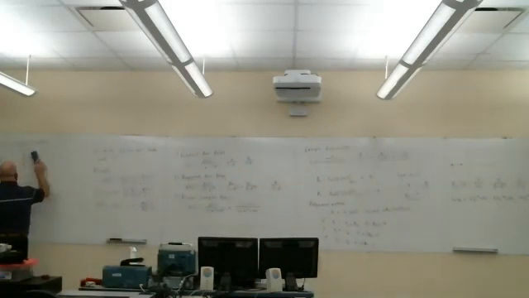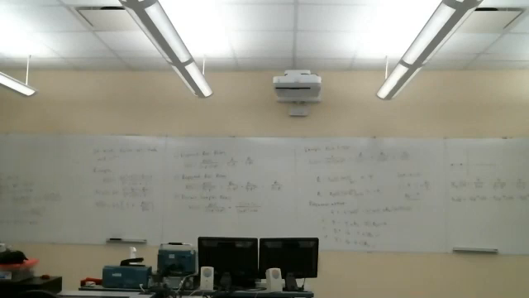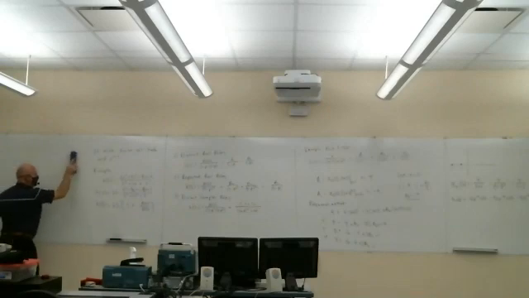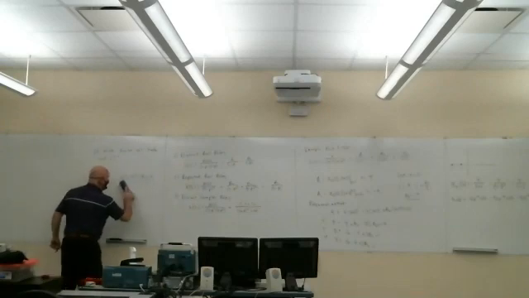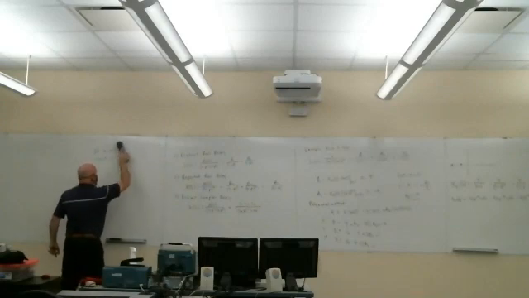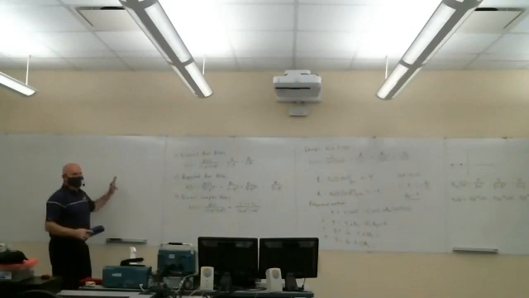I want to take a look at what we do with the complex poles. The complex poles become sine and cosine terms if they're on the imaginary axis. If they're to the left of the imaginary axis, they become decaying exponentials times cosines and sines.